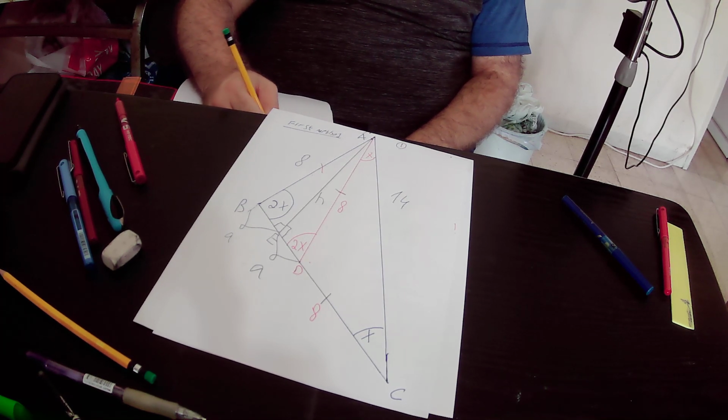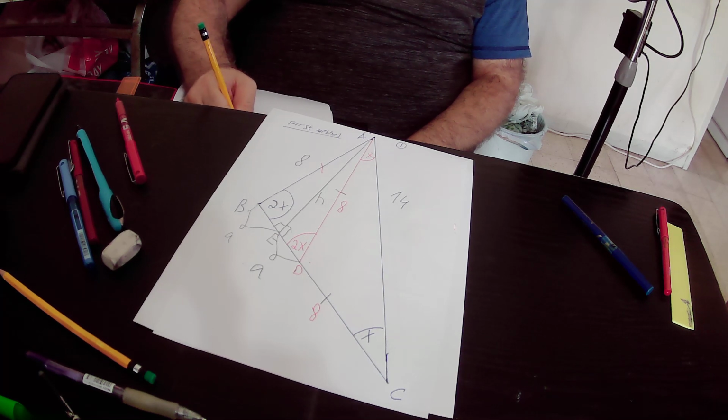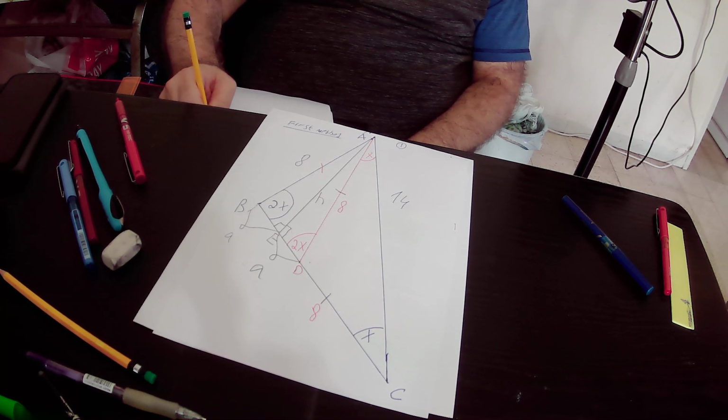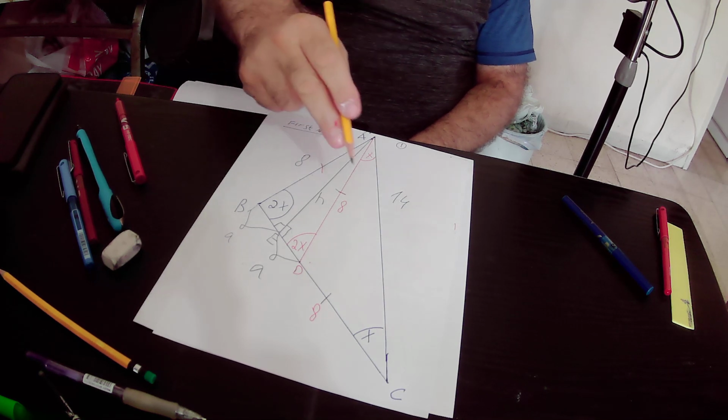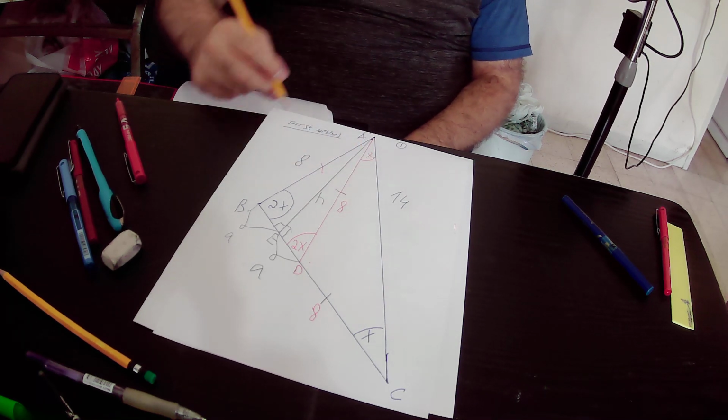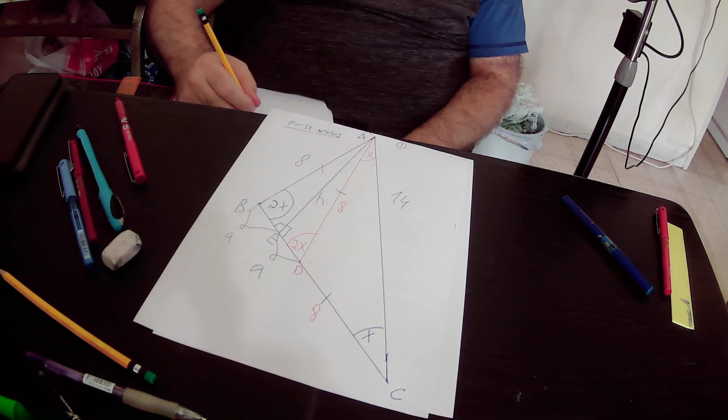Triangle AEC is a right triangle because angle AEC is a right angle. This angle is a right angle.